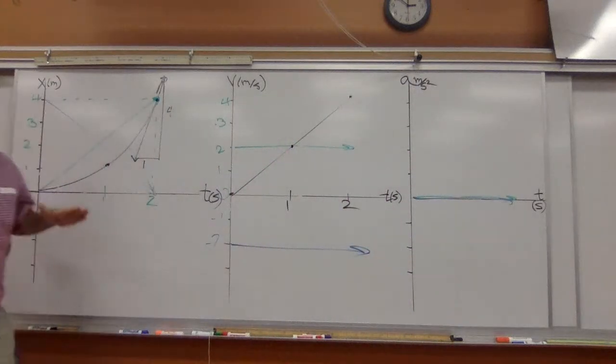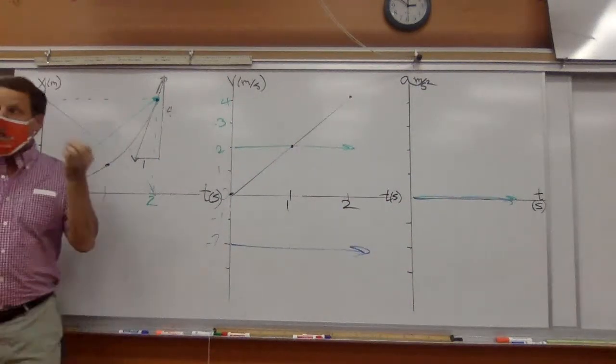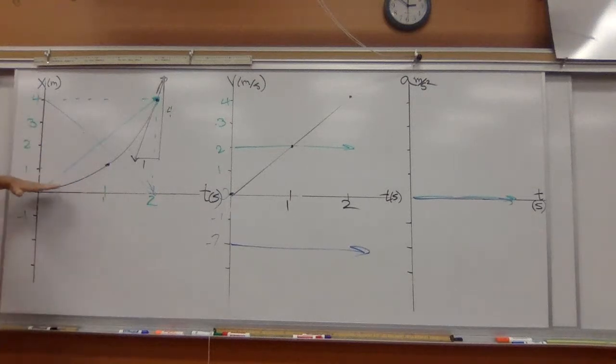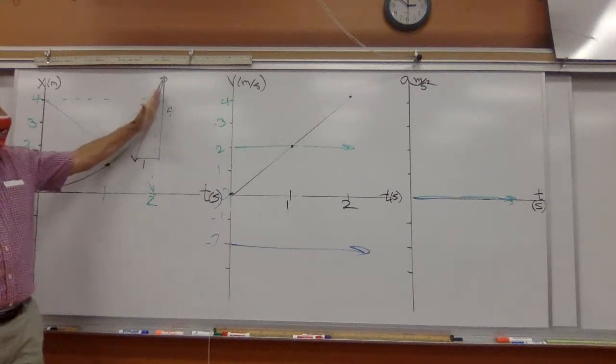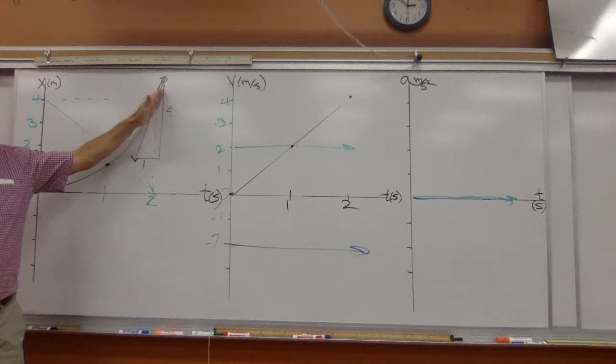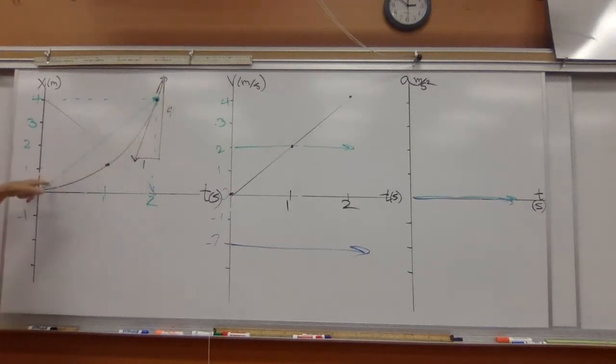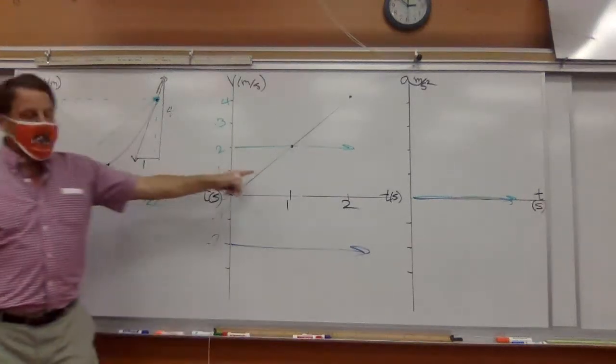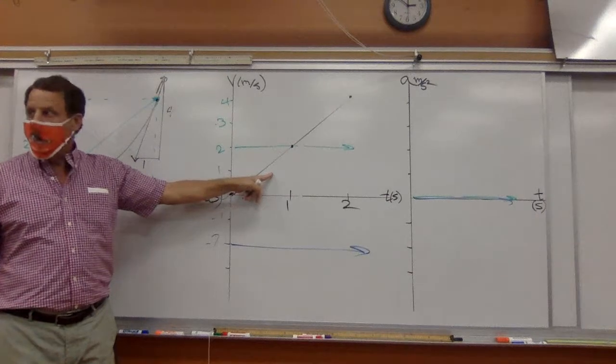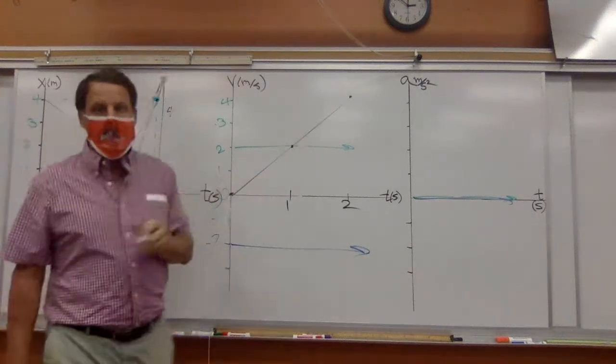So what we get here in these kinematic graphs, if we have a curved line like this, okay, that's going to be acceleration, okay? And if this is parabolic, okay, then this right here is going to be a straight line, okay?